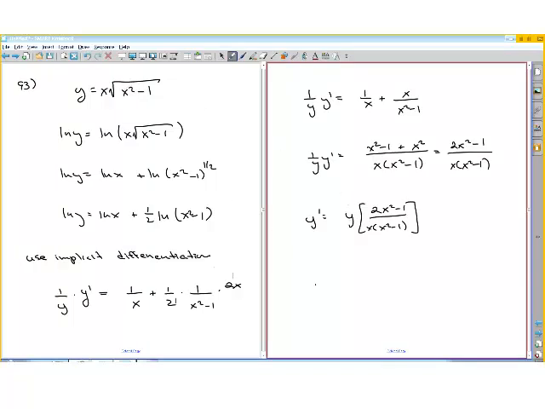But we go back to the original equation to look for y, so what we get is that the derivative, completely in terms of x, is going to be y, which is x times the square root of x squared minus 1, times this quantity in the brackets.